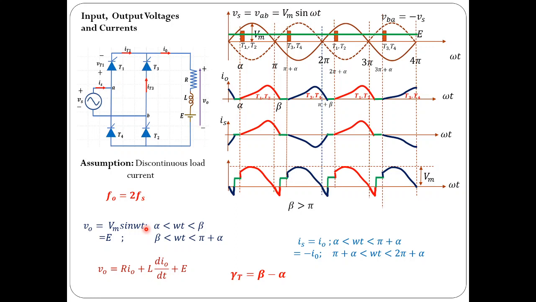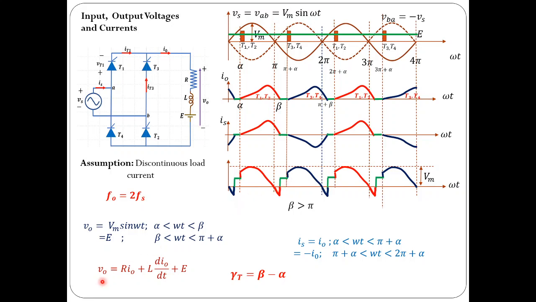In case there is no battery, you can keep E equal to 0 and proceed with the same kind of operation. Even if you consider an RL load, you will have a similar kind of operation. Instead of the voltage during this period being equal to the battery voltage, you will get 0. That is the only change.